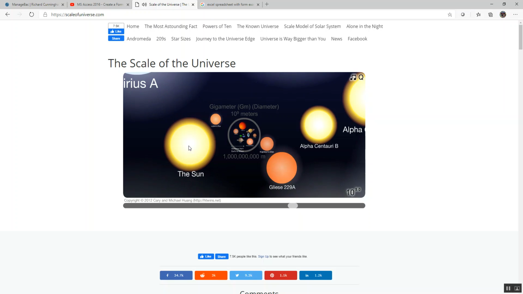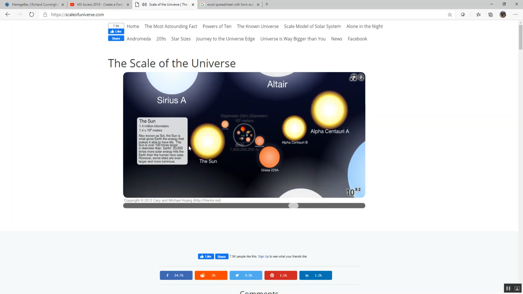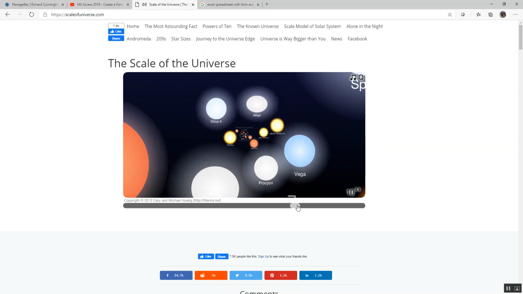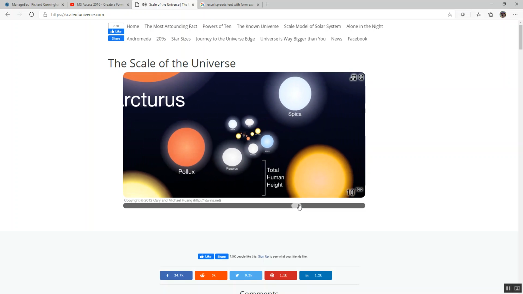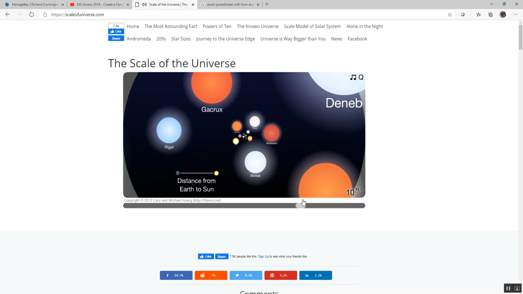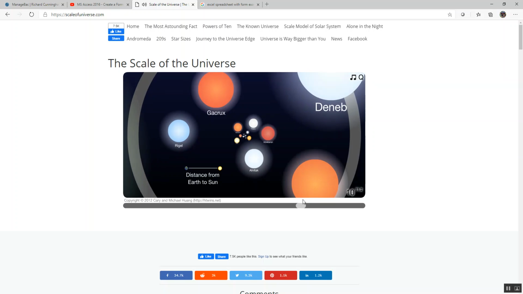So, anyway, the sun is that many meters, 10 to the power of 9 meters. We keep going. Now, these are other different stars. 10 to the power of 10. All right, so there is 10 to the power of about 11.